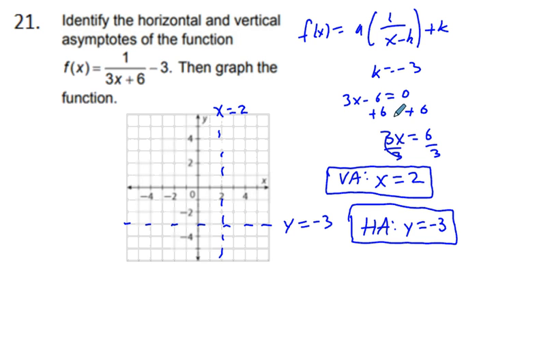So now it should be -2. We set this equal to 0. Oh yeah, this is how I did it. I got it wrong here because I put +6 there. So I just started out wrong. I'm going to fix everything. Okay, so now we subtract 6. So we have 3x equals -6, divided by 3.